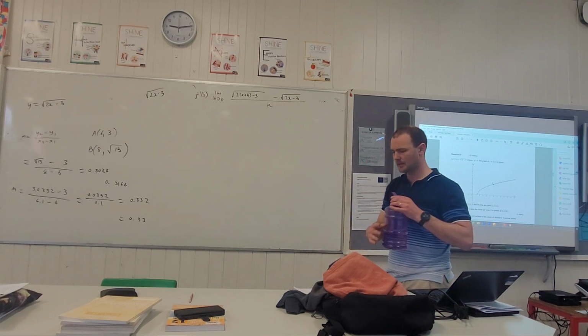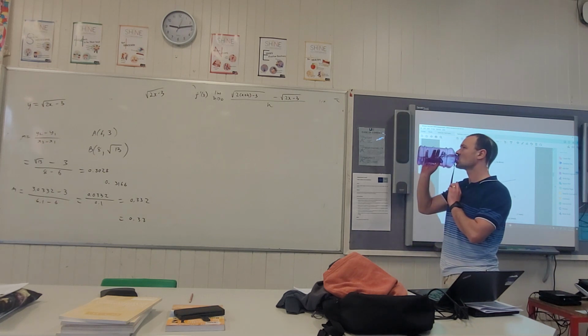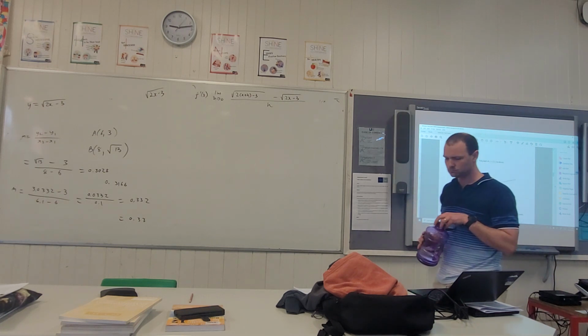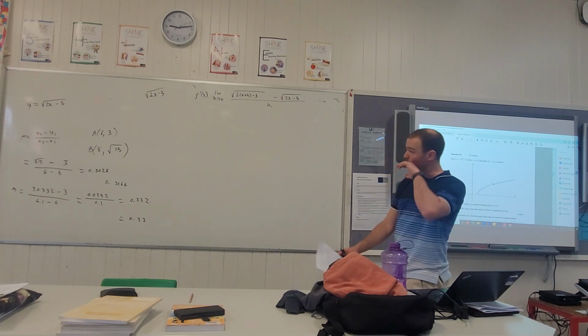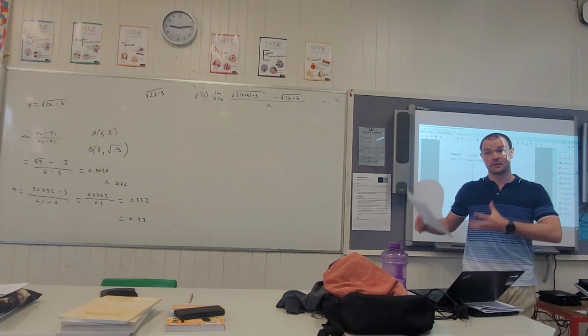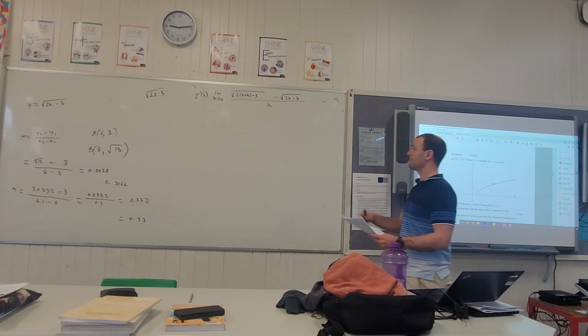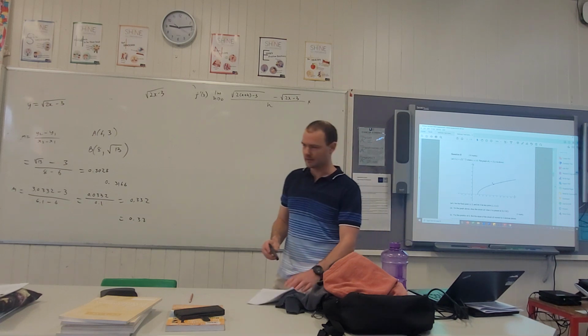So set it up. Now, whenever we have a square root for first principles, we're going to need to multiply it by the conjugate so that we can use the difference of two squares, right? So we're going to multiply this one by, let's use another colour.